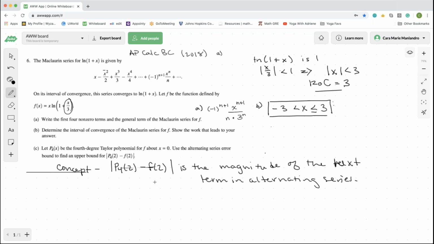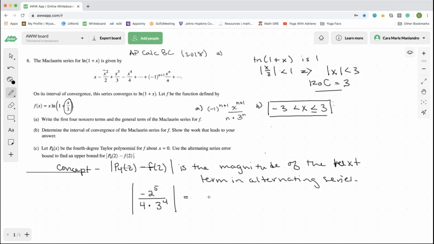Okay, so what we get should be 2 to the 5th. I'm using this one here, so 2 to the 5th over 4 times 3 to the 4th. That term should be negative, but the magnitude is going to take care of that negative.